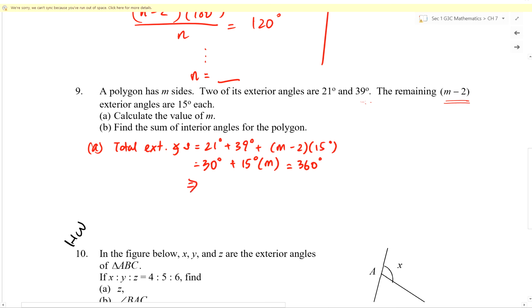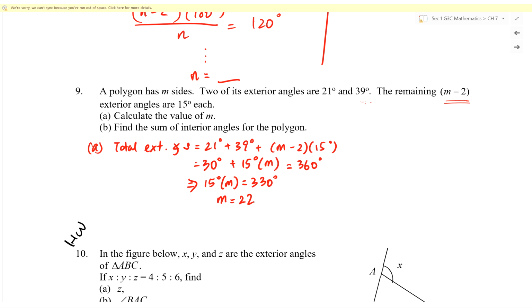Therefore, so this arrow over here means therefore, 15 degrees times m is equal to 330 degrees. m must therefore be equal to 330 divided by 15, and we get 22. Is the pace okay? Anybody finds it too fast?